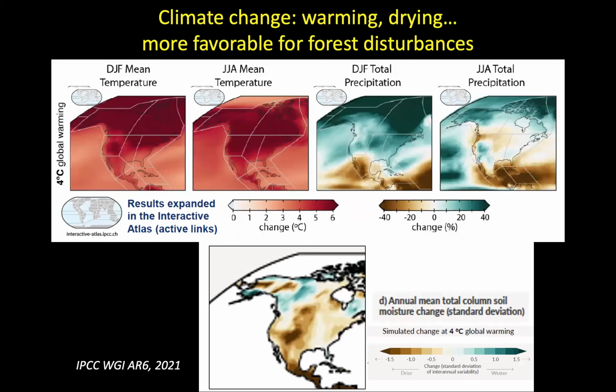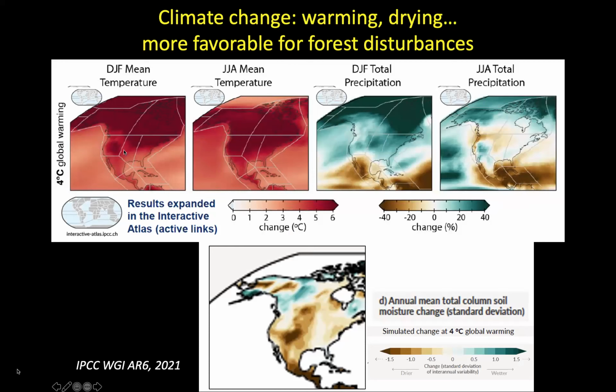So what will happen in the future? Here are some projections of climate from the recently released IPCC report for the Pacific Northwest. This is for a high emissions scenario. The temperatures up on the upper left indicate for the Western US warming by 4 to 6 degrees, both in the wintertime and in the summertime.